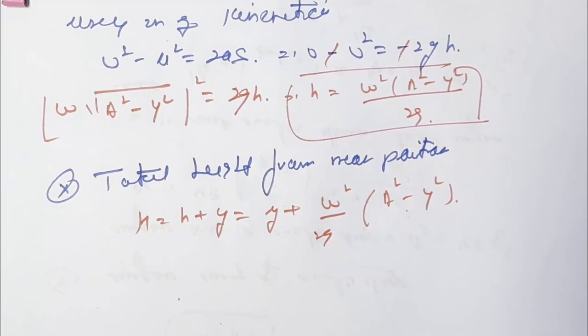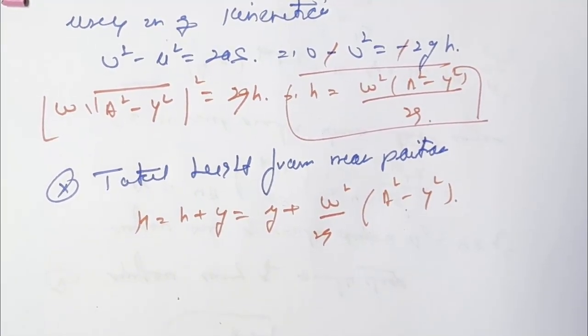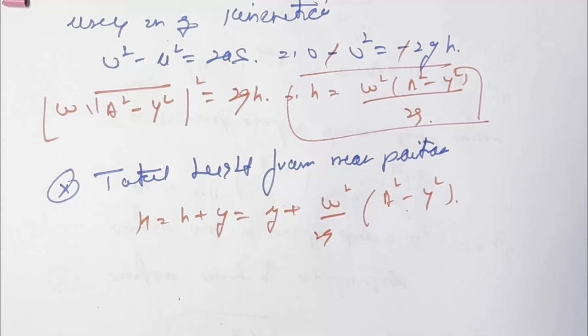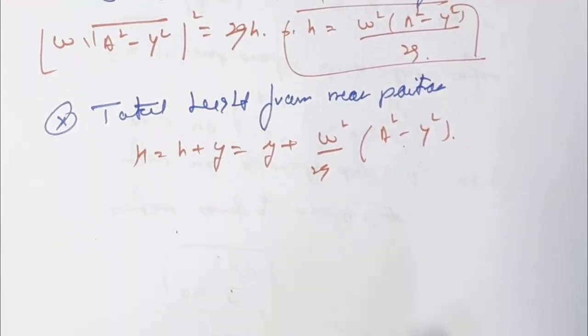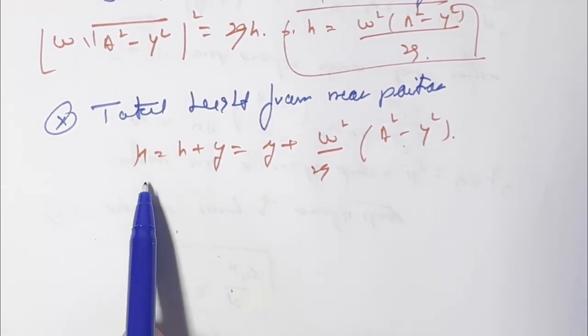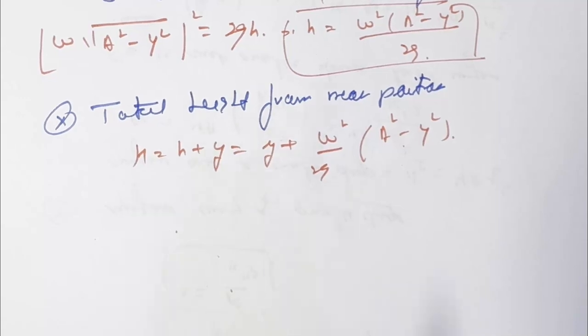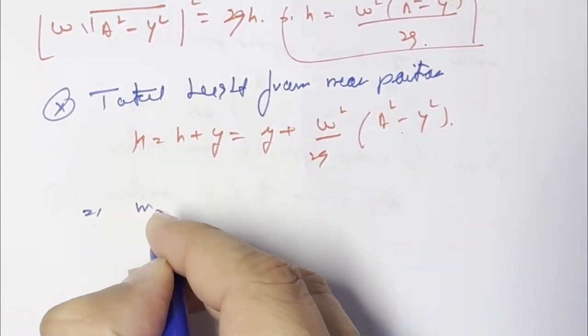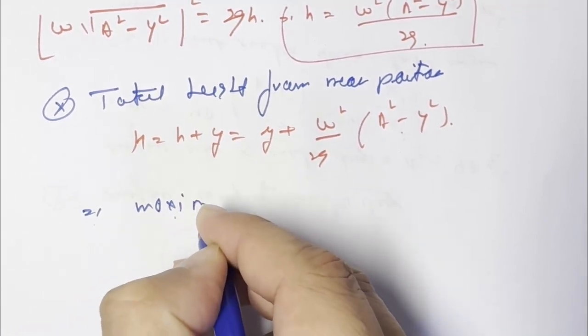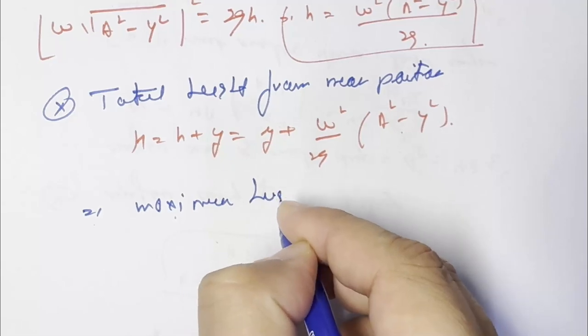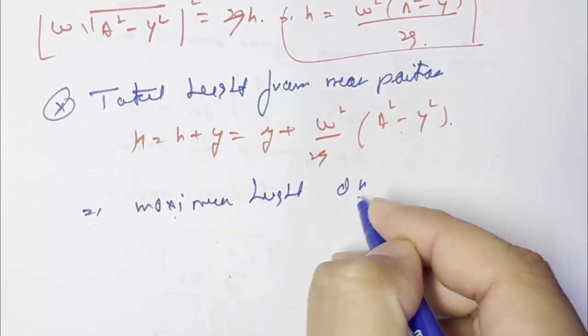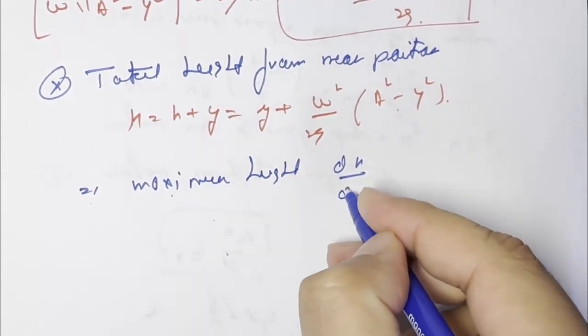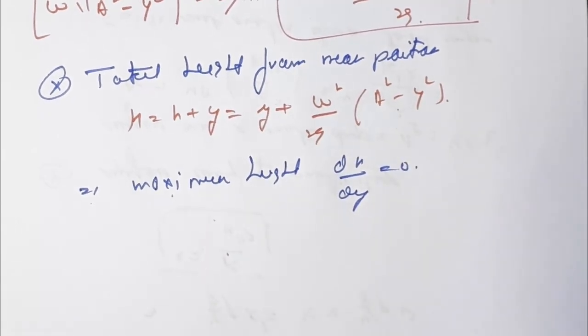And we are supposed to find when the height attained is maximum. If it is maximum then its derivative should be equal to 0. So for maximum height, dH upon dy should be equal to 0.